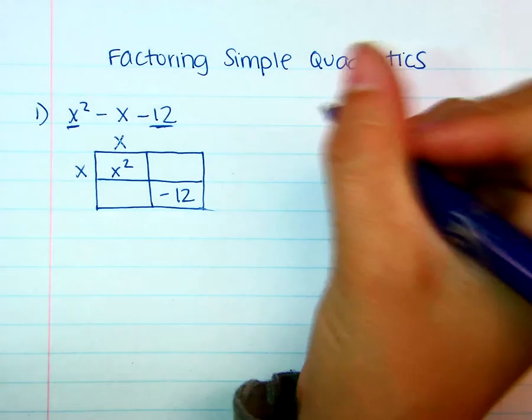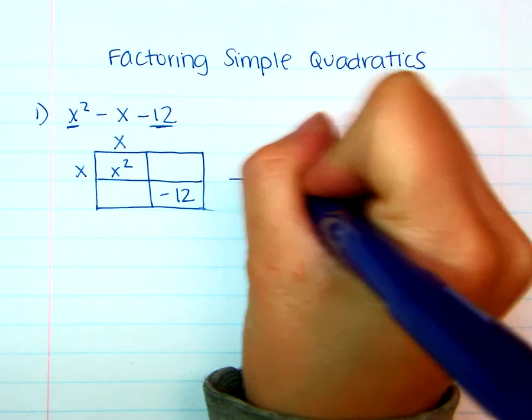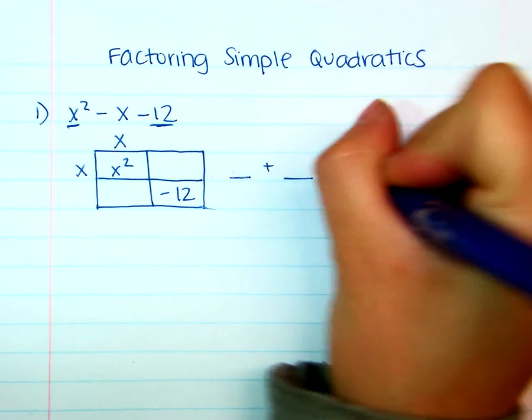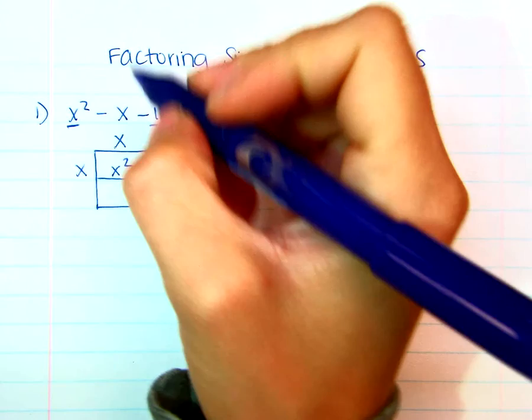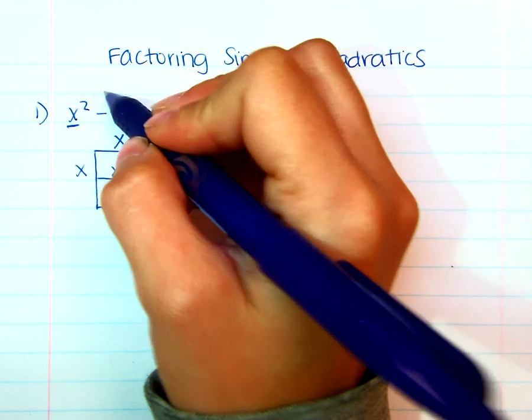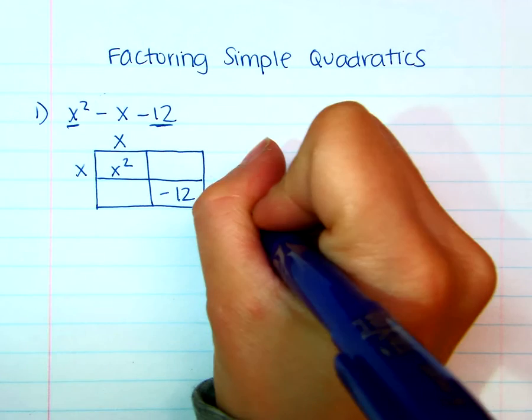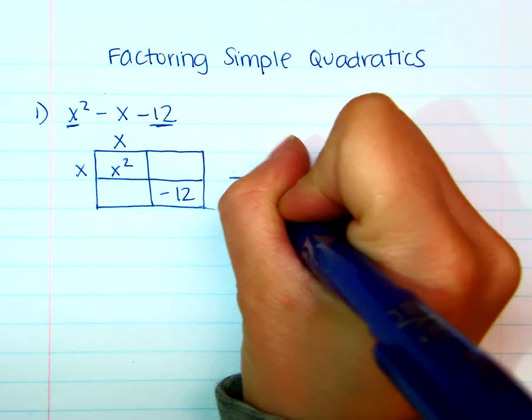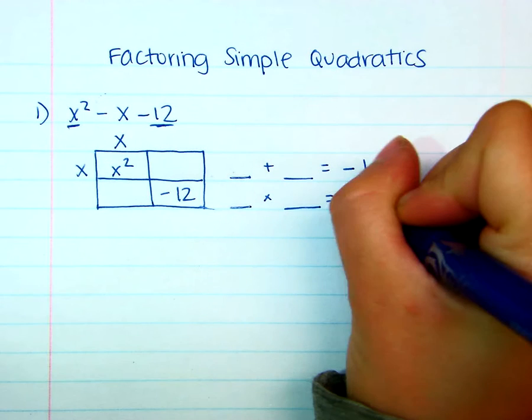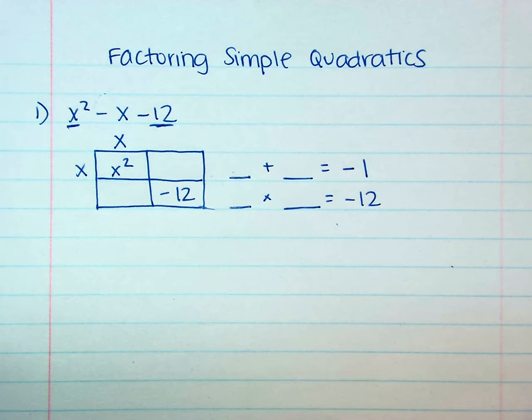Now, we need 2 numbers that when you add them together, they give us negative 1, because that's what this middle term is. But we need those same 2 numbers that when you multiply them, they give us negative 12. So this is where the puzzle comes in.